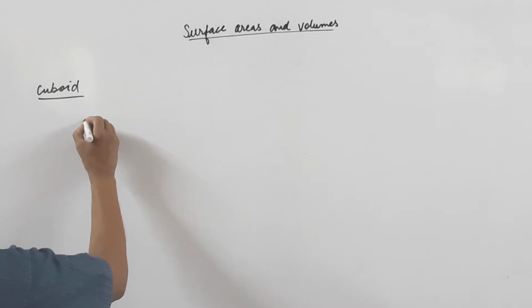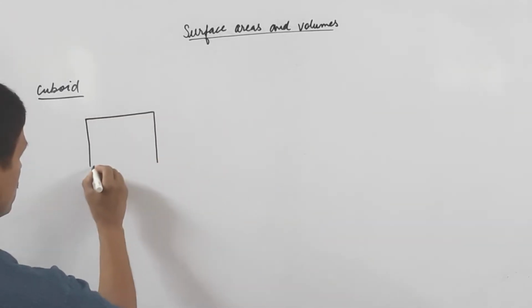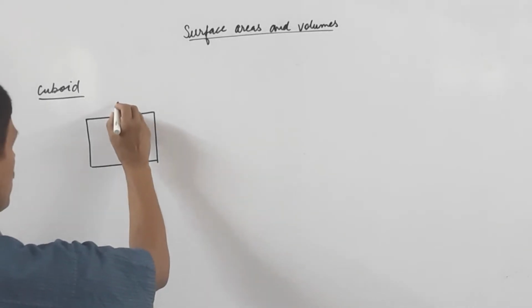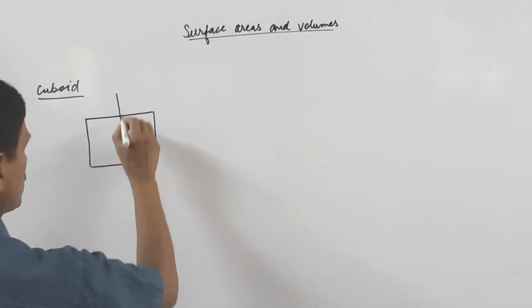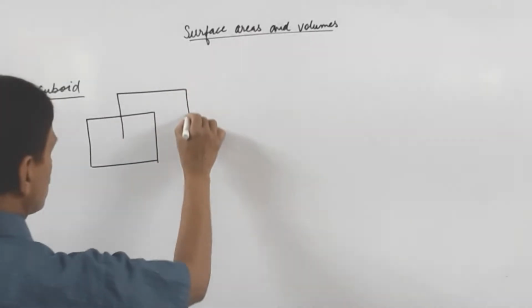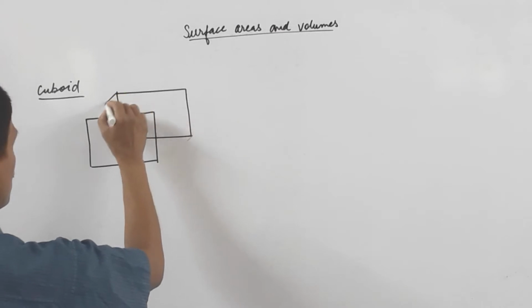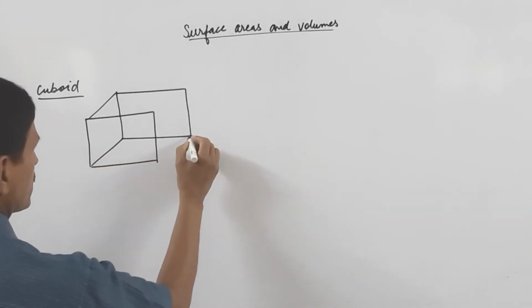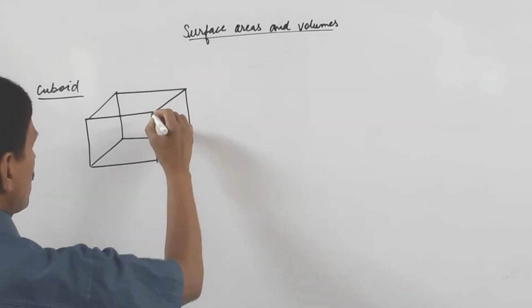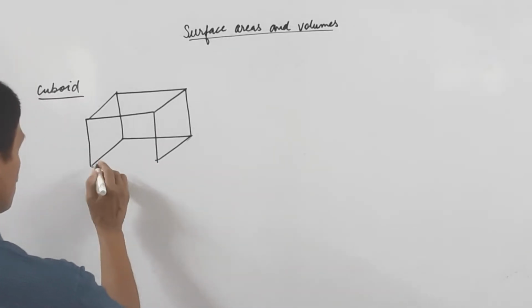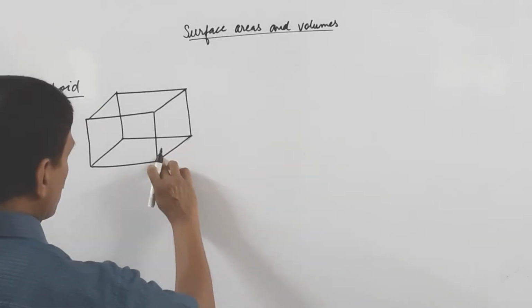Cuboid is a solid having 6 rectangular faces in which opposite faces are equal.